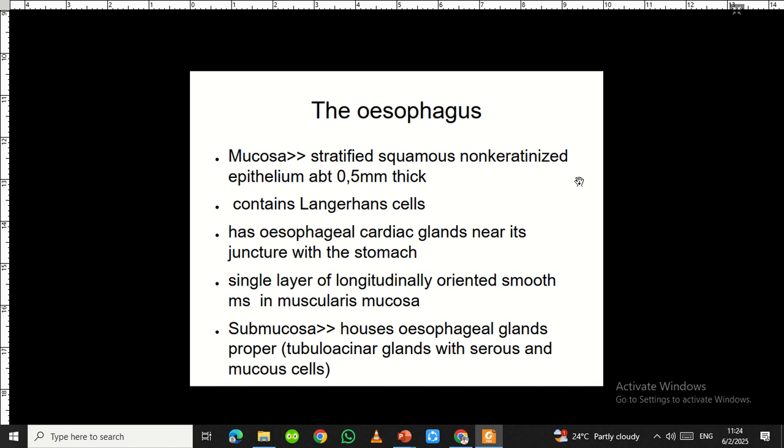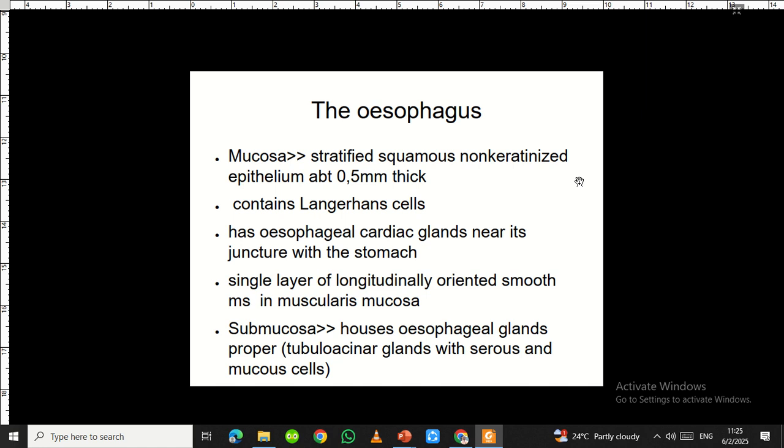They are present at the junction of the stomach and the esophagus. You understand? Now, the submucosa houses esophageal glands proper, which are tubular-acinar glands with seromucous glands, right?